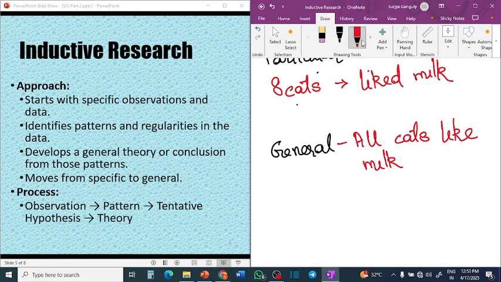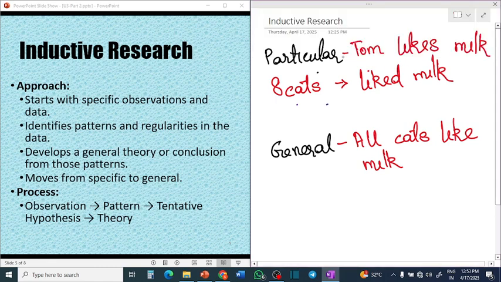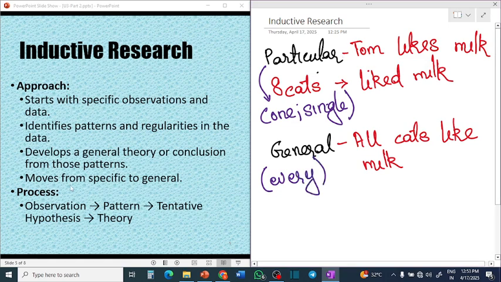So over here what we have done, we moved from the particular, that is, from a single cat, to a general statement about every cat. First, you make an observation.